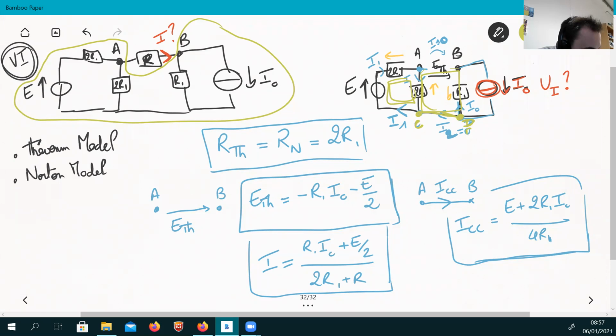But if it confuses you, let's keep this with a current called I2. But you will realize that you won't use I2 in any of the equations you're going to play with. So in fact, you don't need it.